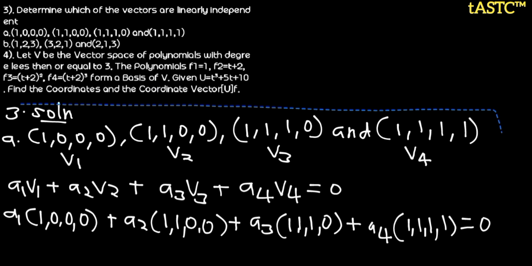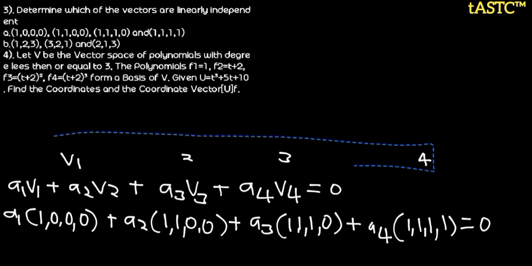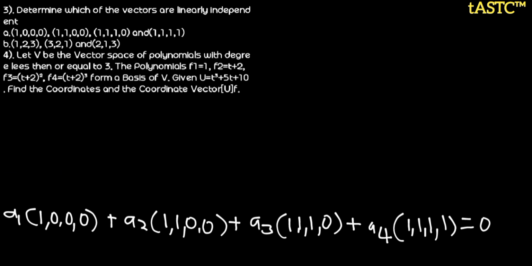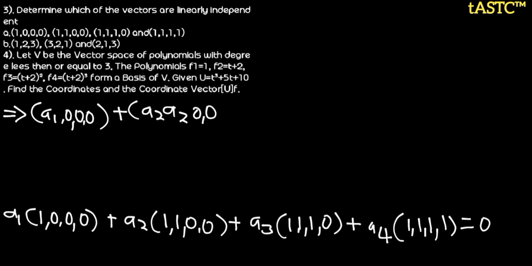Now next up, we need to expand it. So let us try to do that. If we multiply a1 into this vector, that will give us a1 with a 0 and a 0 and a 0. And if we took a2 and multiplied it into this vector, we would have a2, a2, 0, and 0.